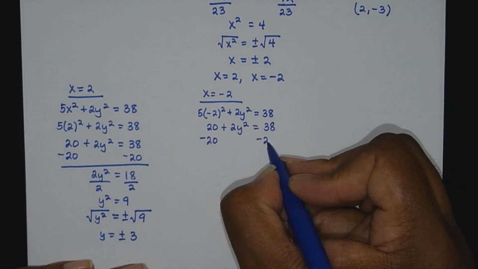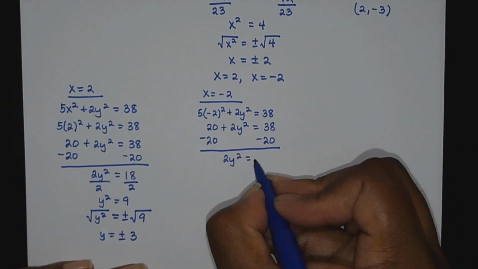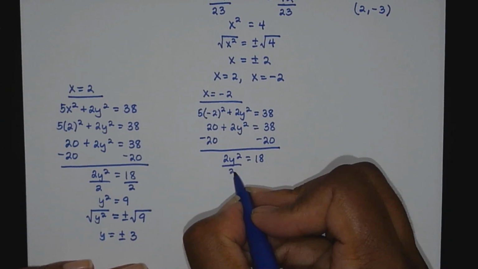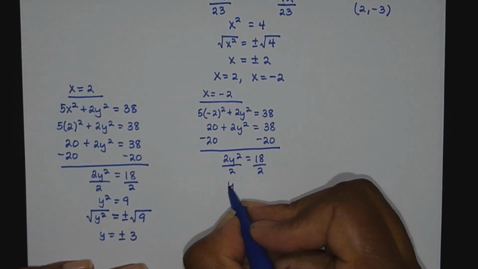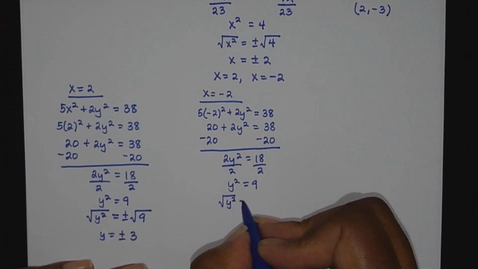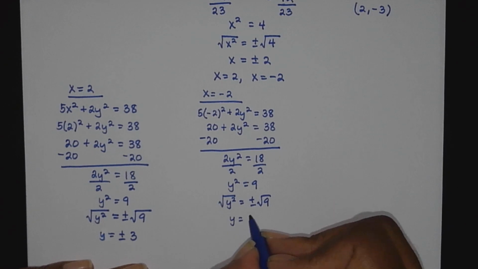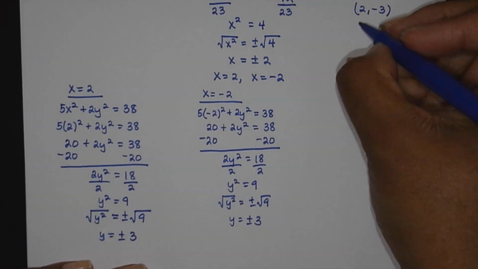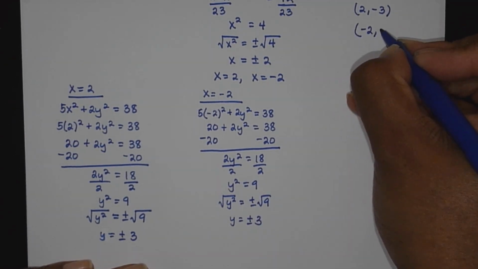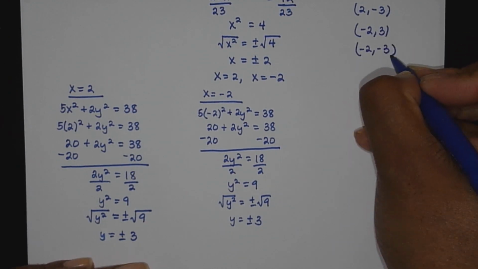Then subtract 20 on both sides. That means 2y squared is equal to 18. Divide both sides by 2, you'll get y squared is equal to 9. That means y is equal to plus or minus 3 as well. So for negative 2, I'll have positive 3, and for negative 2, it would be negative 3.